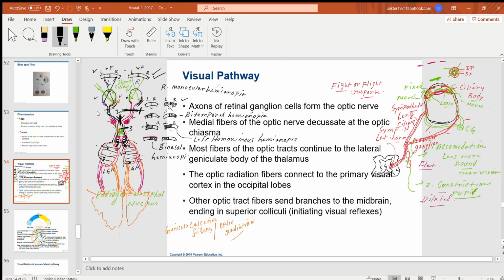Binasal hemianopia. Okay, now if I destroy this whole geniculocalcarine fibers, both superior and inferior, or parietal and temporal, then this effect will be same as destroying the optic tract, number 3.